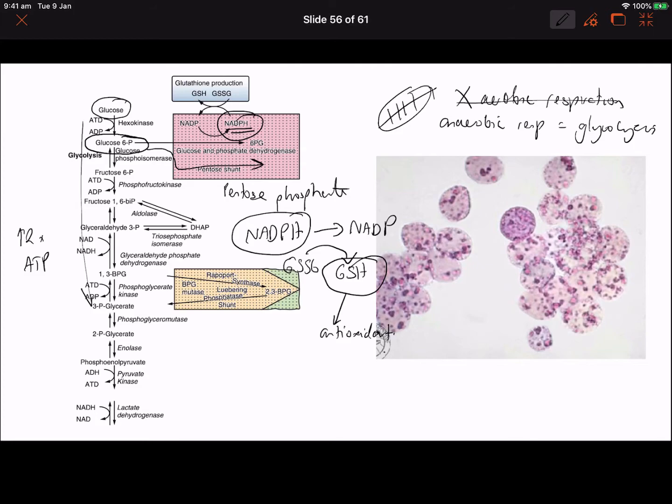Now, one of the things that can happen to red blood cells in patients suffering from G6PD deficiency is that they have a deficiency in the pentose phosphate shunt, and so they cannot form NADPH. Let's just say the red cell has an oxidant hit from some kind, some drug, fava beans can do it, or an infection, some kind of oxidative stress.